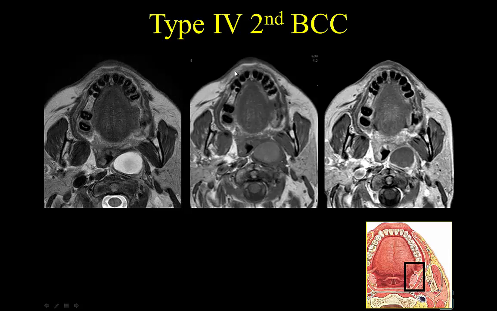It's fascinating for me to go back and read Bailey's article in 1929. It tells me how smart these people really were because we still oftentimes use these classifications. So if you see these cysts in the tonsillar area and you say, wow, I wonder what that is, in the back of your mind, think, could this be a branchial cleft cyst?